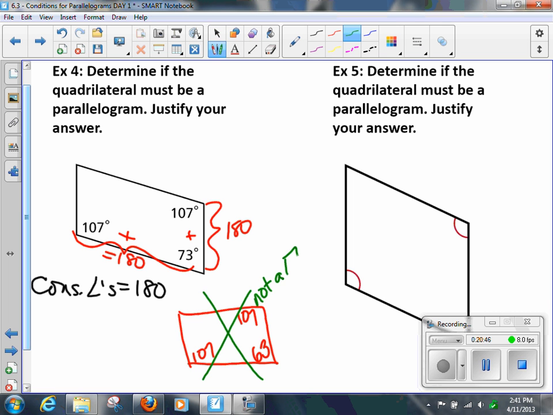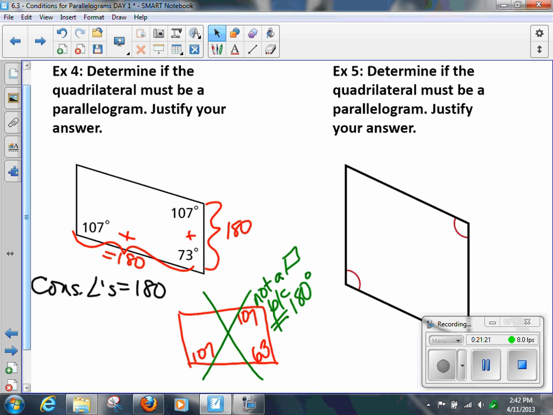Not a parallelogram because it does not equal 180 degrees. Write that down. You would be given 4 angles and not 3 angles. What does that say? Not a parallelogram because not equal to 180 degrees.